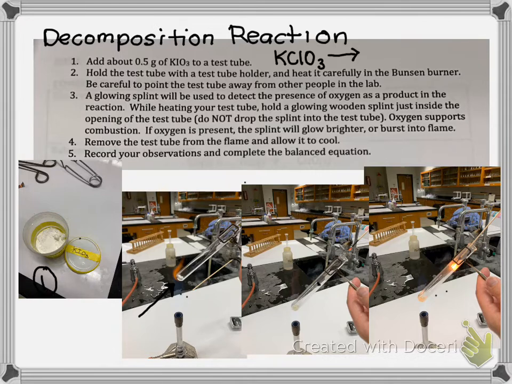And so this is step 2 in the procedure. I was holding the test tube and heating it carefully in the Bunsen burner. There was no one else in the lab, so I wasn't pointing it at anyone.